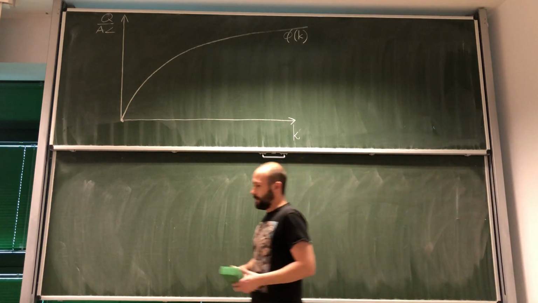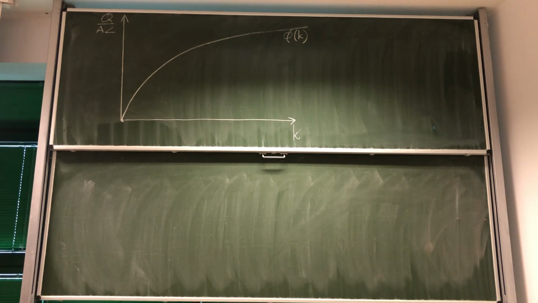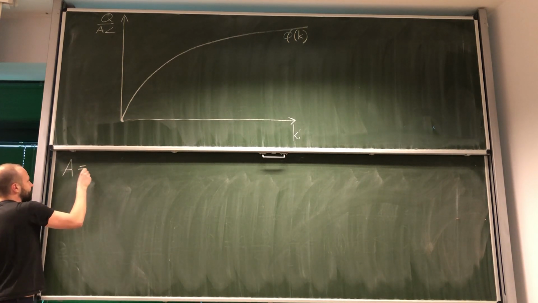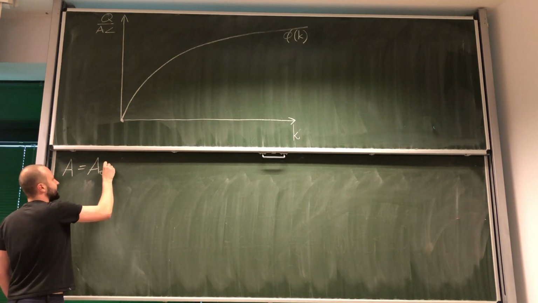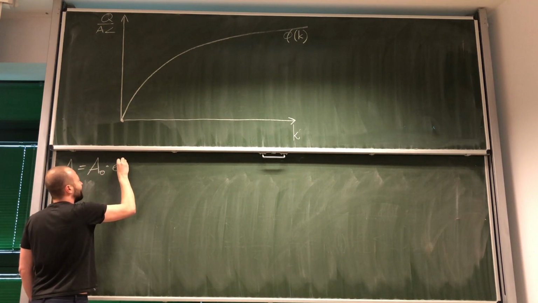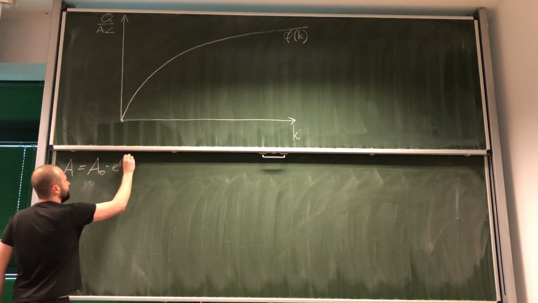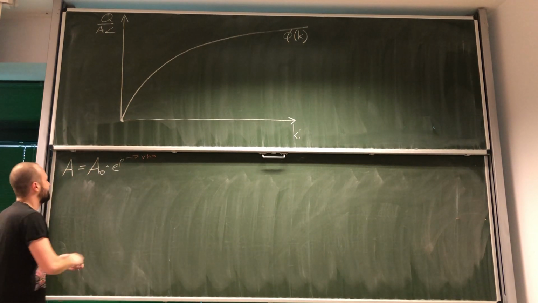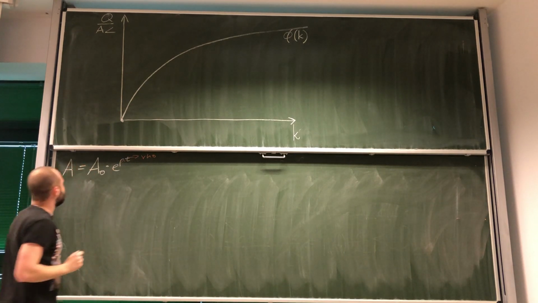Okay, so let's just say that state of technology is given by the following function. A is equal to A0 times e to the power of rho, this is rho, times t.